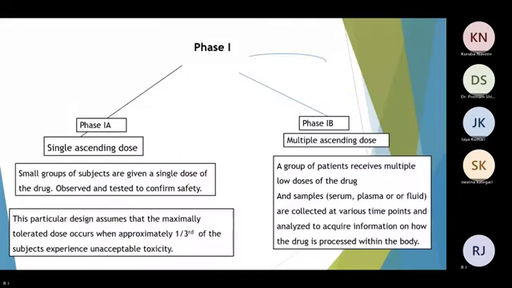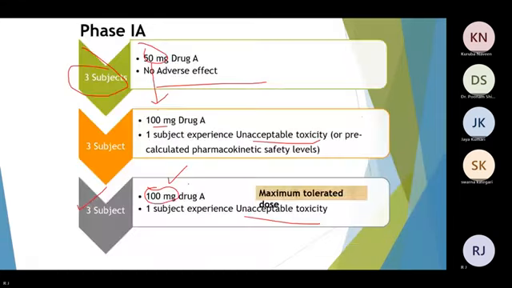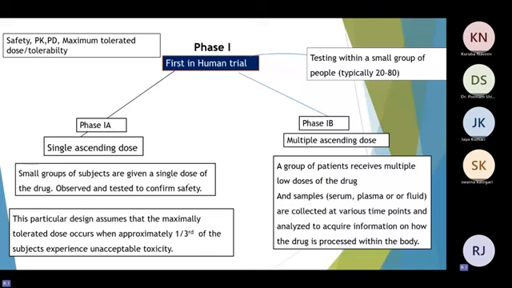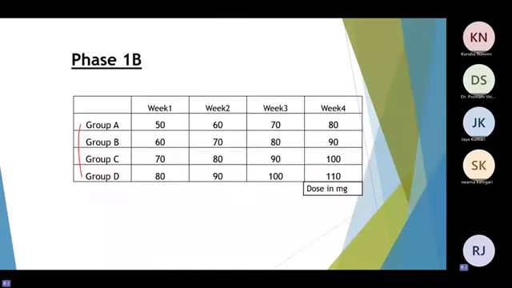Now we have seen the example of phase 1A. Now we'll see a second example for phase 1B. So as I said, in phase 1B, we are giving multiple doses, right? You see here, we have recruited multiple subjects in different groups and we are giving different doses.